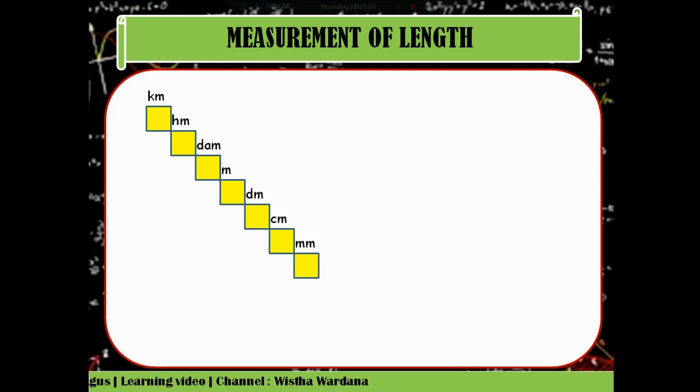If you have 1 kilometer, what is 1 kilometer when you convert it into meters? What is 100 centimeters when you convert to meters, and so on? That is the topic today.